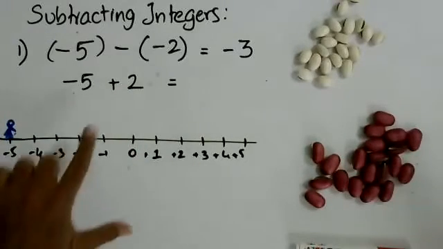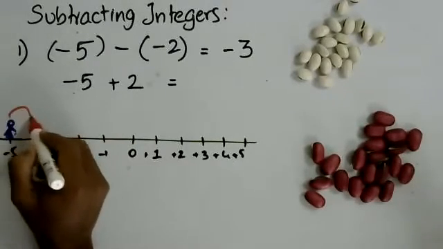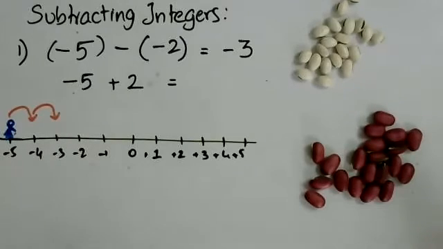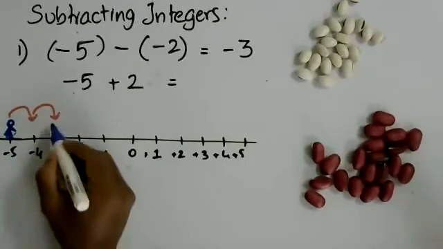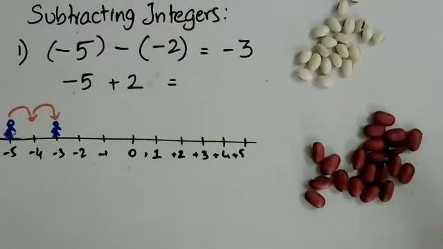And how many times do you have to do that? 2 times. So you can now choose to do it in 2 steps, in 2 hops. You can do 1 hop to here and then another hop to here. 2 hops. And then you are left where? Where will you be standing? -3. So that way it worked out.